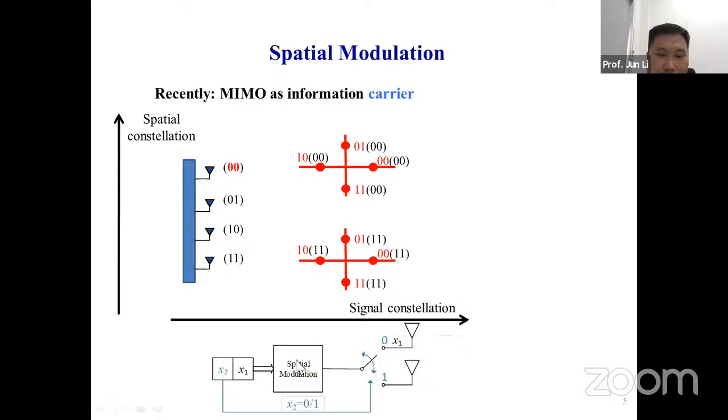So let's see this figure. If X1 is transmitted only through the first antenna, that means the index bits are 0, 0. If X2 is transmitted through the second antenna, the index bits will be 0, 1.